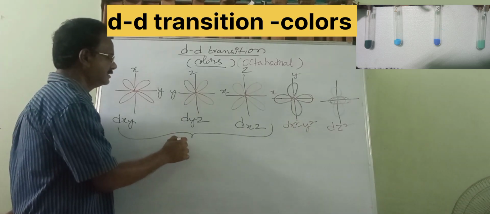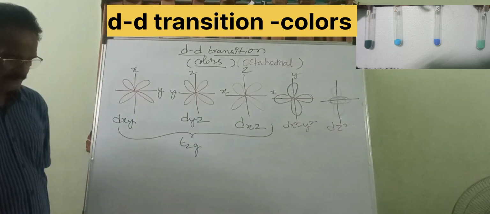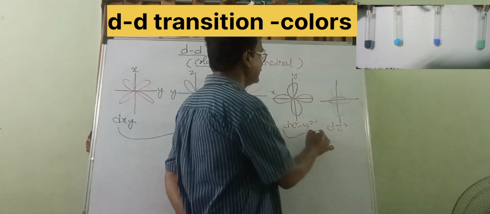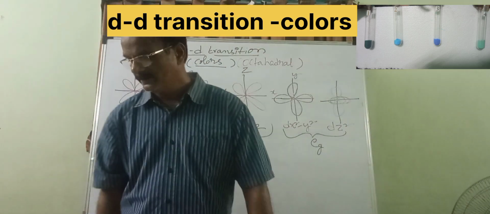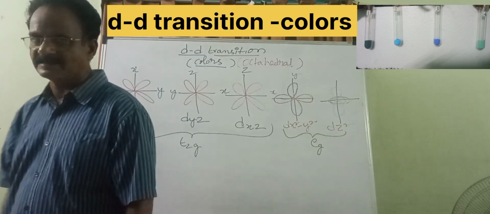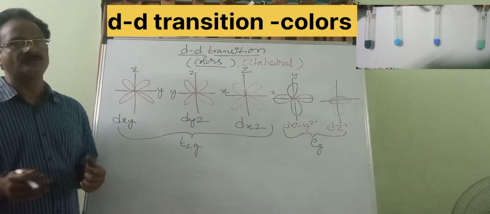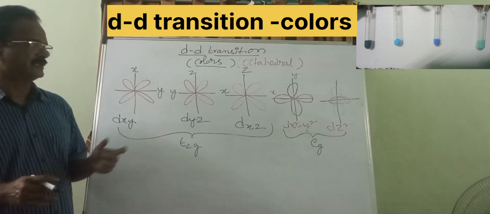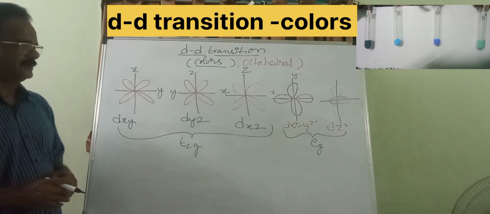This set is to be considered as T2g. Okay. So now let us see, the other set is Eg. After the degeneracy is lost, the d orbitals split into two sets. So one set is T2g, another set is Eg. Is it clear?